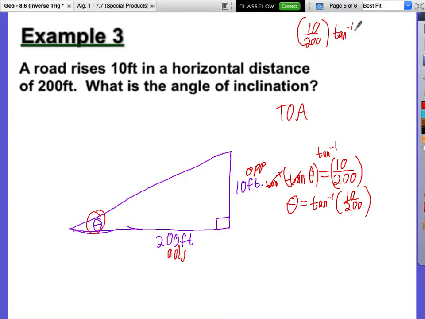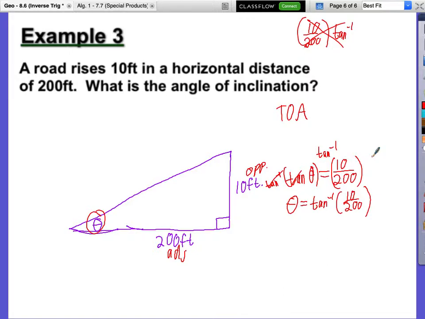Because we always have to put the inverse tangent or tangent or trig function or inverse trig function before whatever we put. So this would mean 10 over 200 times whatever we're taking the inverse tangent of. Right now this means this is multiplying with this, whereas if we write it beforehand, it means it's taking the inverse tangent of it. So that's why we have to put it in front of it.